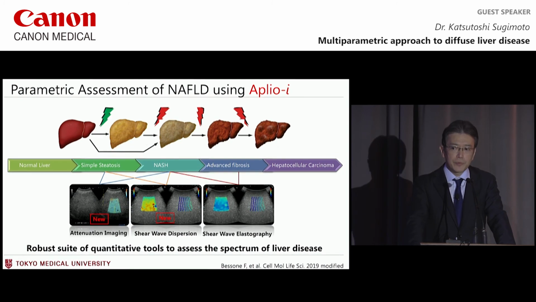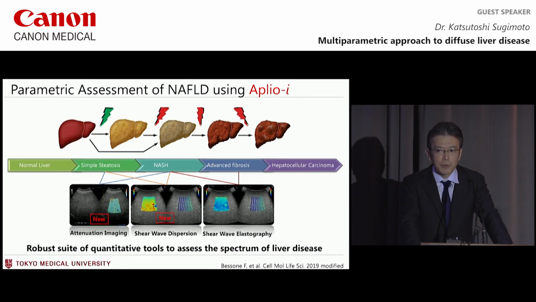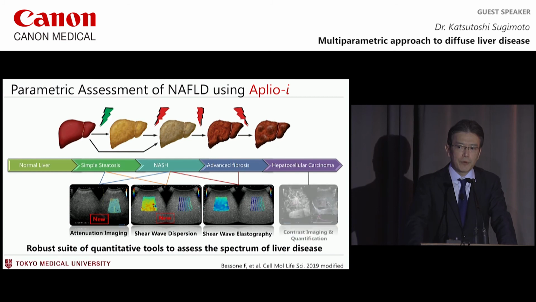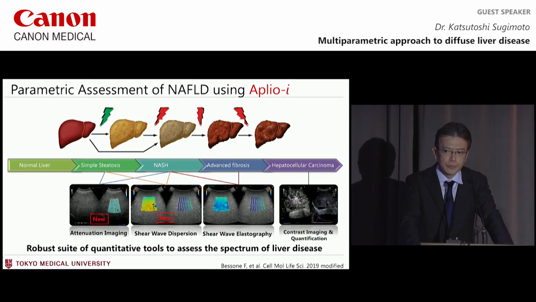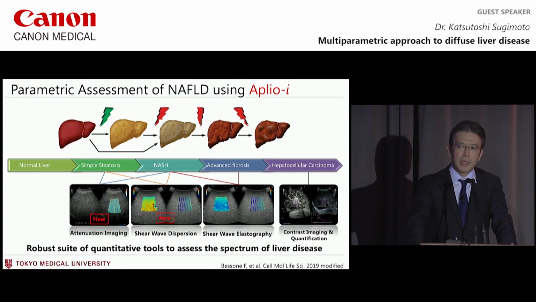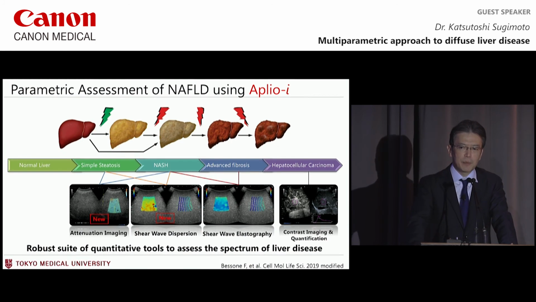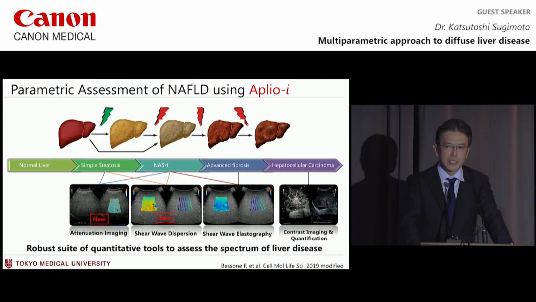And shear wave elastography is also helpful to detect advanced fibrosis and cirrhosis. And if we find a liver nodule, contrast enhanced imaging is very helpful to diagnose hepatocellular carcinoma. So Apollo Eye series with liver package is a one-stop shop for management of patients with NAFLD.